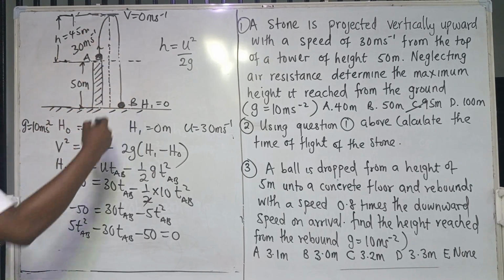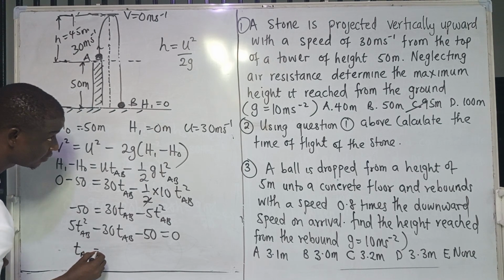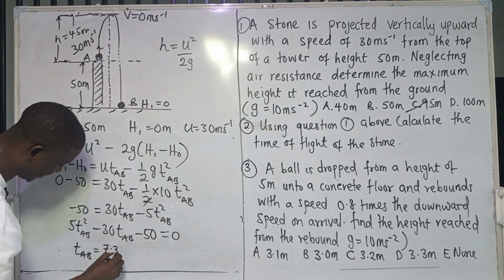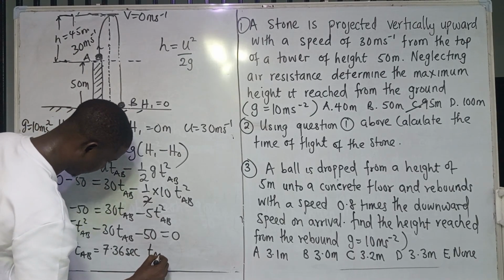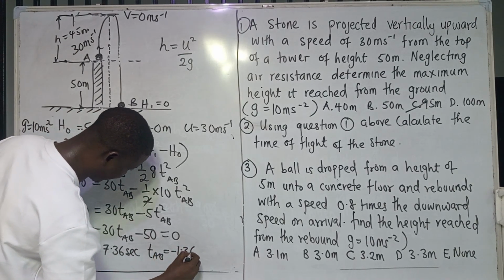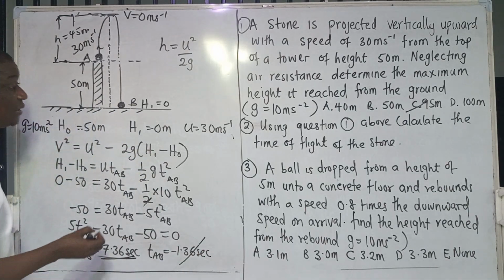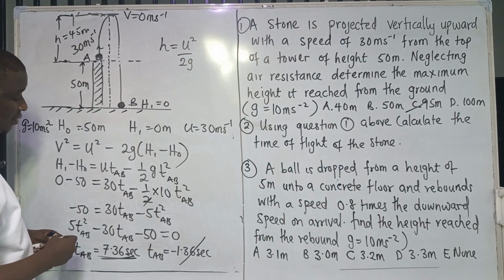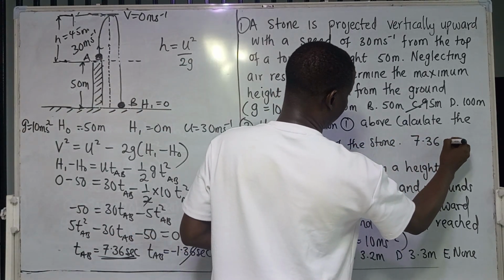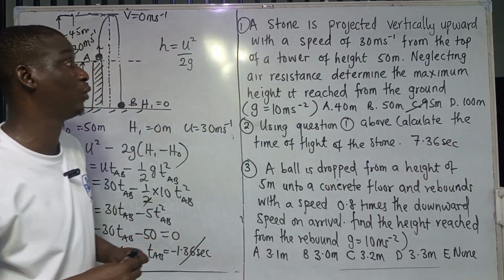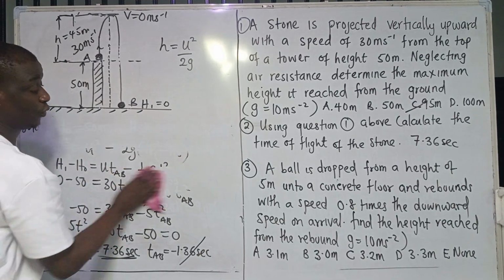T_AB will be 7.36 seconds and minus 1.36 seconds. But time cannot be negative. So our answer to that one is 7.36 seconds.